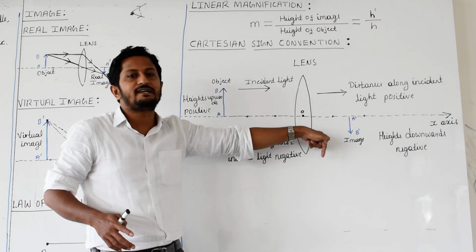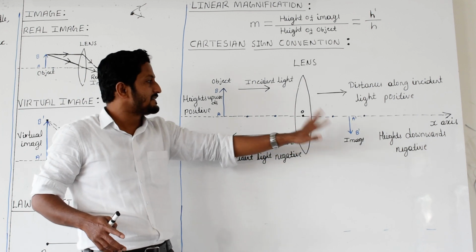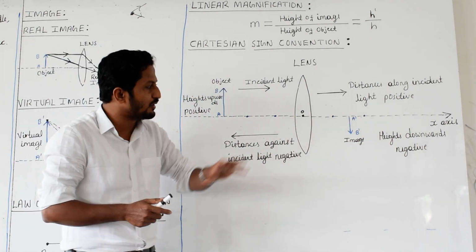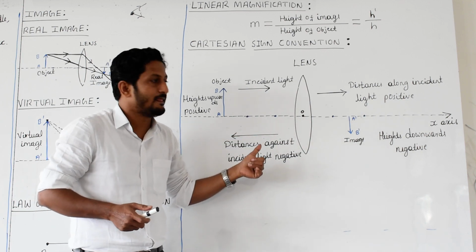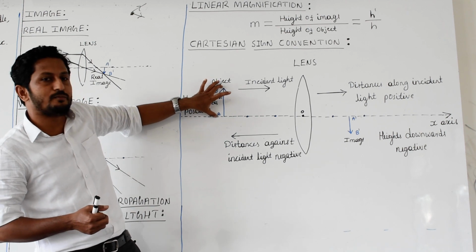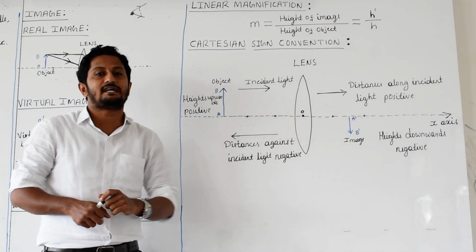It is an inverted image. A dash B dash is inverted. You can also notice in this diagram that the height of object AB is greater than the height of image A dash B dash.